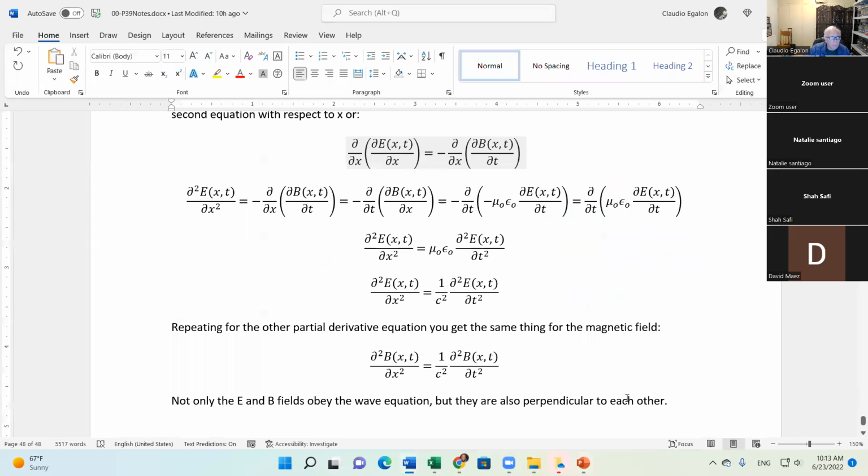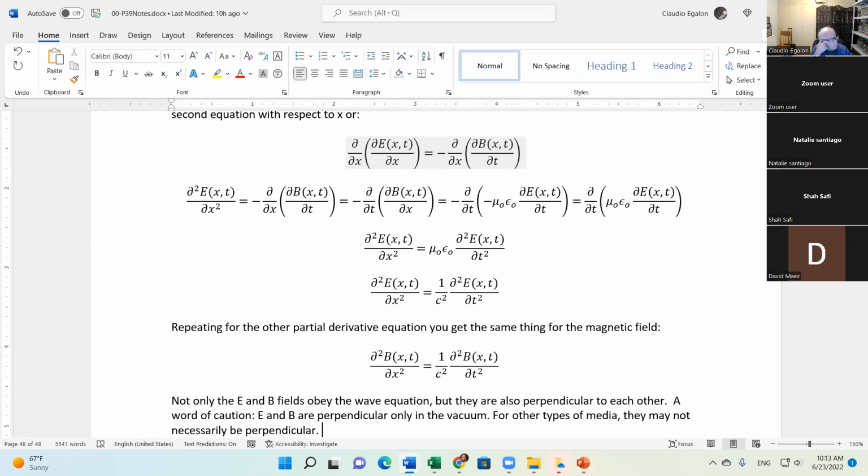But this is true, but wait a minute, a word of caution: E and B are perpendicular only in the vacuum. For other types of media, they may not necessarily be perpendicular.